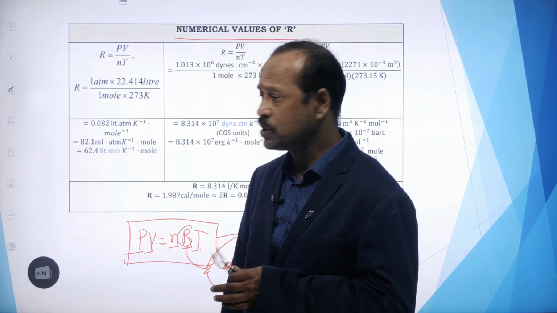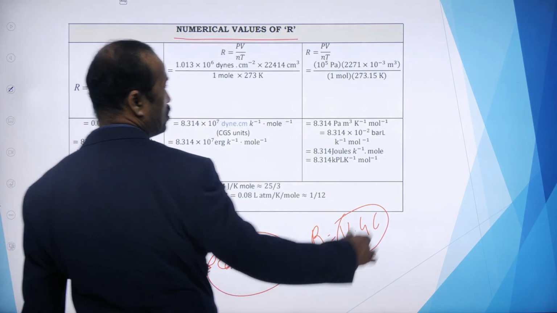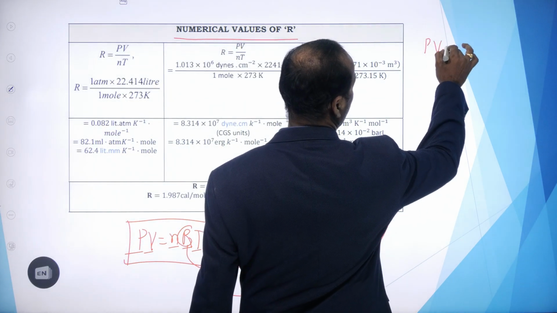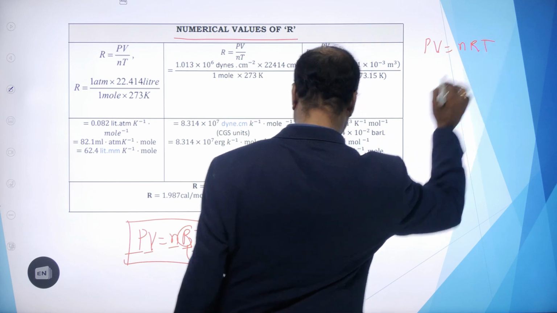How can we find this value? Very simple. See here, PV is equal to nRT. This is our formula.